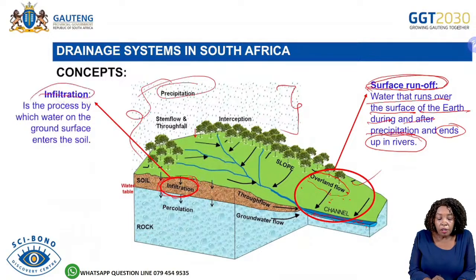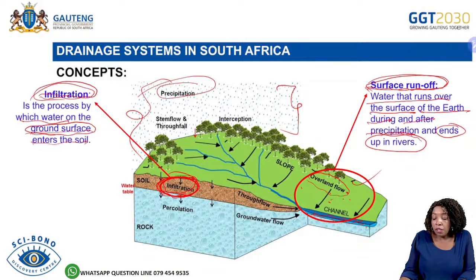Infiltration is the process by which water on the ground surface enters the soil. So the surface where water can pass through, it will enter the ground surface. As you can see from the use of color here, we use the brown color to illustrate the underground surface. So the process where water passes through, we say it infiltrates the ground.